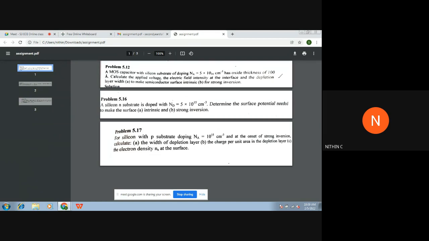A MOS capacitor with silicon substrate of doping Na equal to 5 into 10 raised to 16 has oxide thickness, that is T oxide, of 100 angstrom.